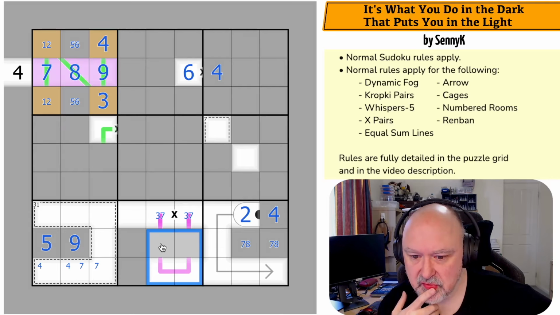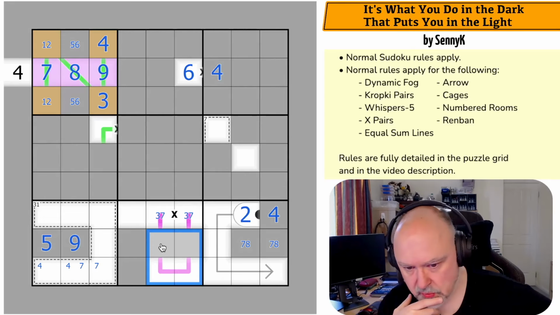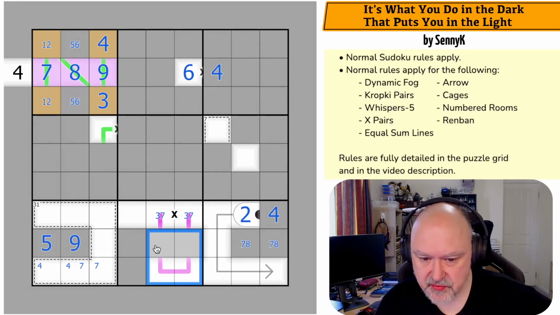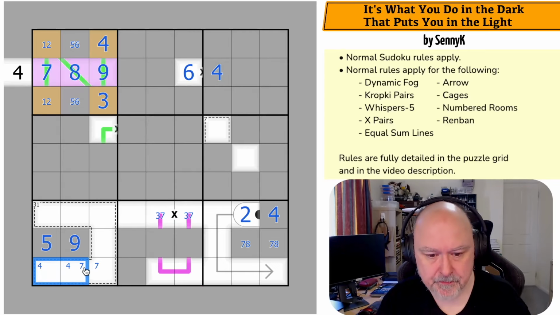I don't know. Because 3, 4, 5, 6, 7. Well, oh, this is a 3, 4 pair, because the 3 can't be in those and the 3 can't be in those. So this is a 3, 4 pair because I can't put 3 or 4 in those, which means I can't put 7 in those, and I can't put 7 here because of that 7, and I can't put 7 here. This is now part of a 3, 4 pair. That's the 7.